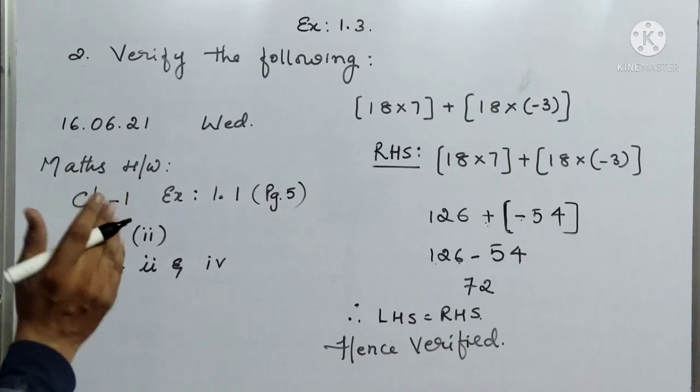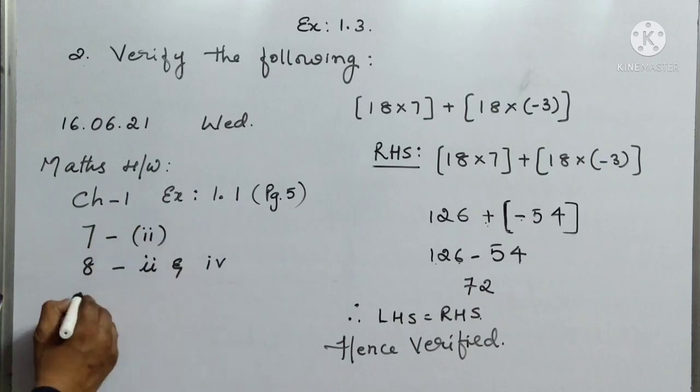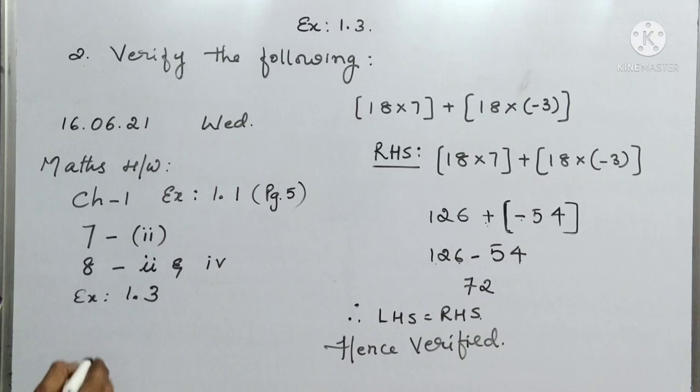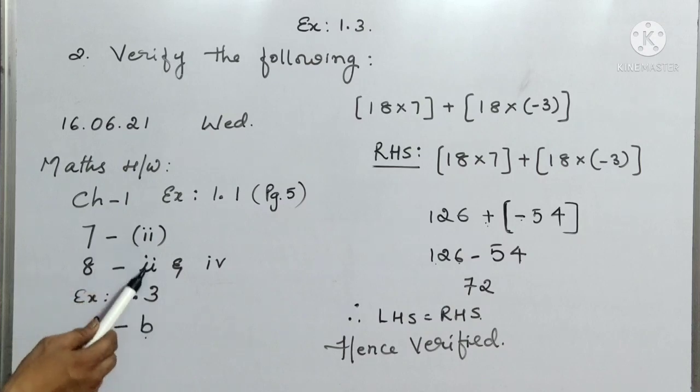So exercise 1.3, second Roman, B bit, because we are left with only one sum, as we just finished one sum in the second Roman. Now second Roman, B bit. How many sums? 1, 2, 3, 4. Very few sums I have given.